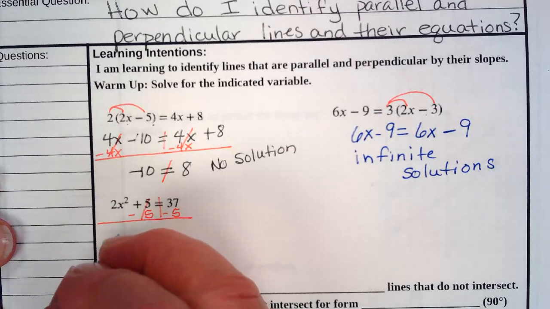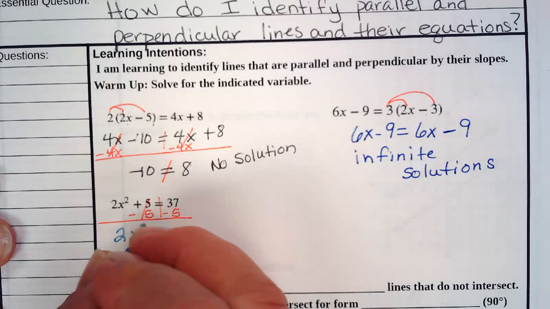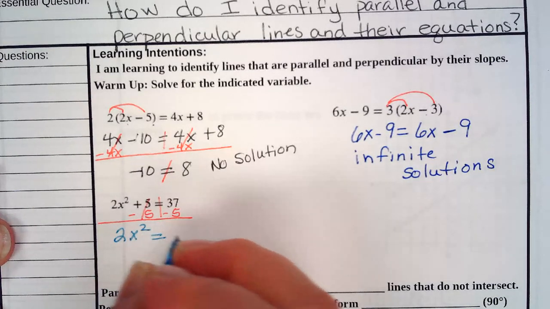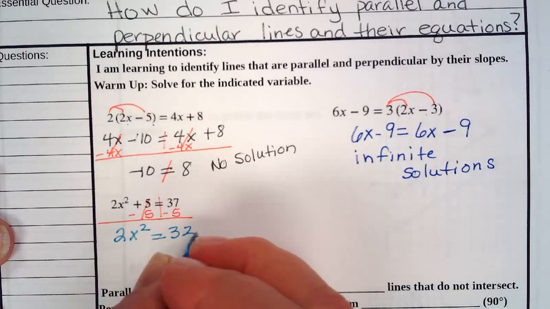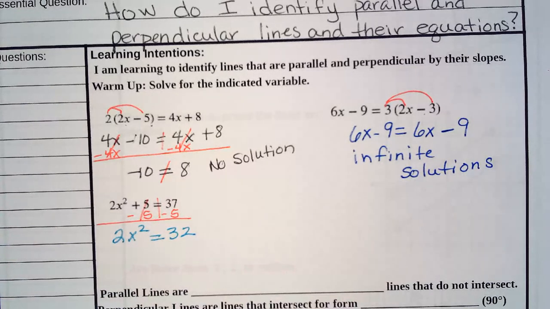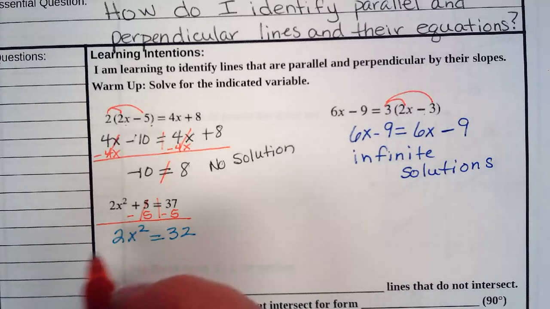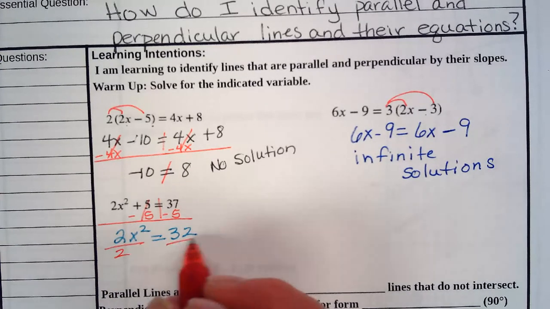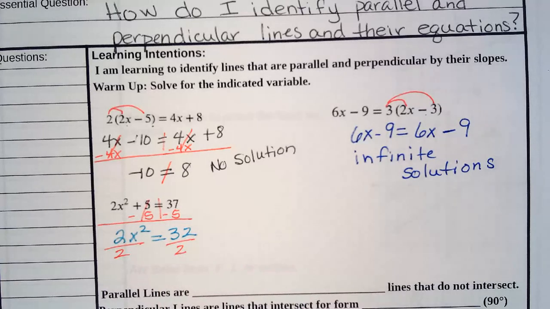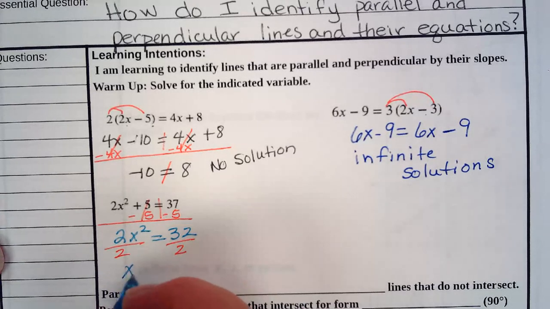Two x squared is equal to 32. Is my x squared term isolated? No. Now I have to divide by 2. X squared is equal to 16.